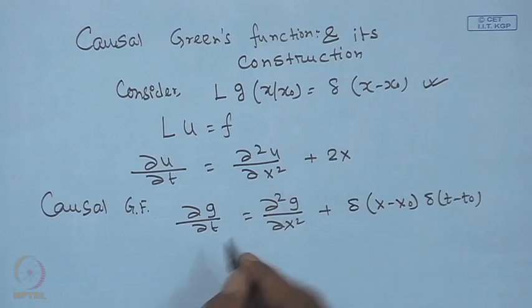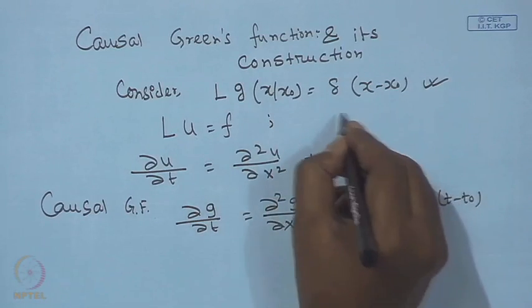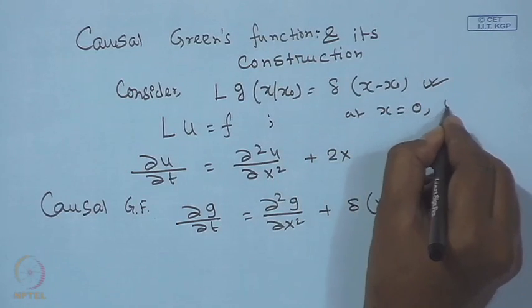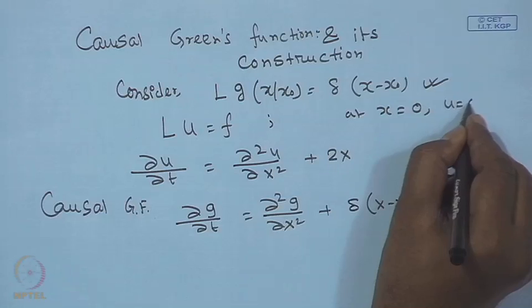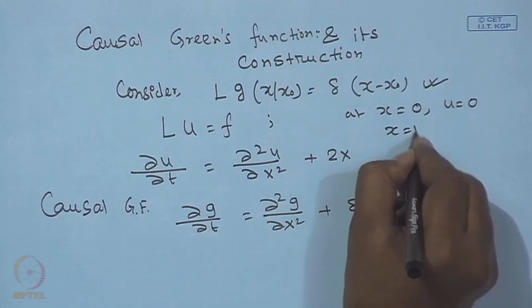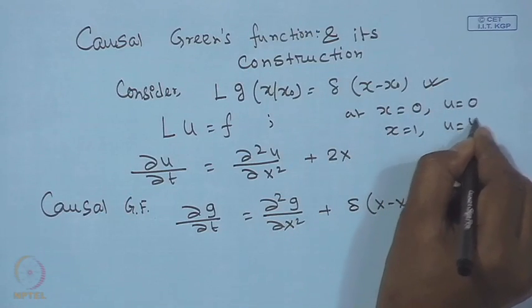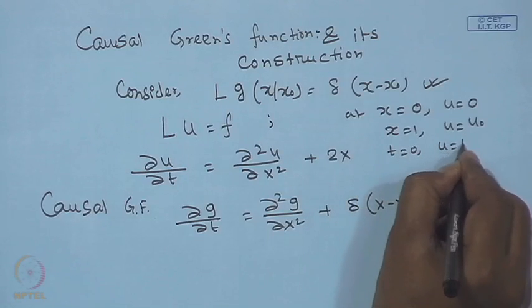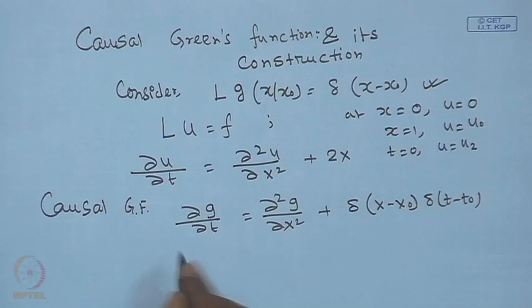Suppose the boundary conditions are, let us say, at x equal to 0, u is equal to 0, and at x equal to 1, u is equal to u0, and at t equal to 0, u is equal to u2. Then in the causal Green's function, we force all the boundary and initial conditions to be homogeneous.